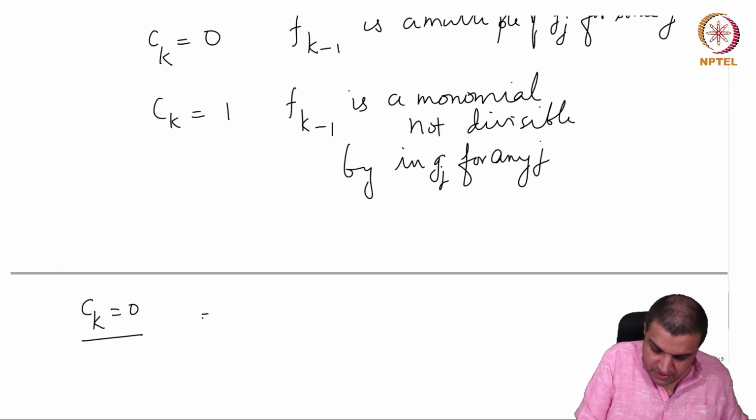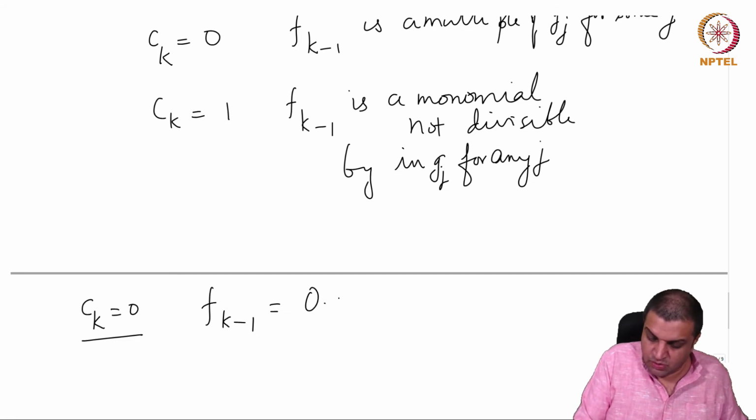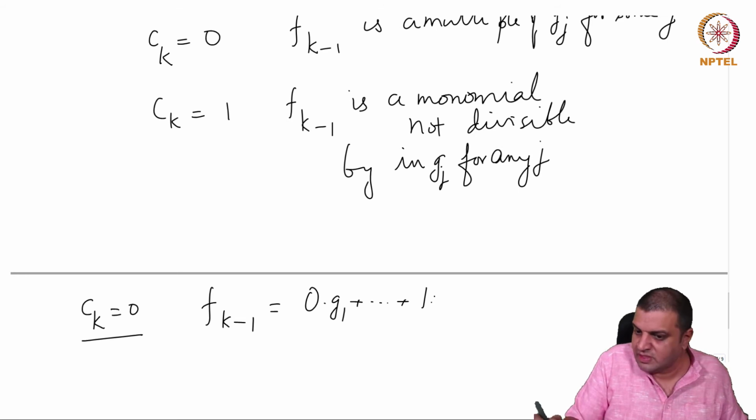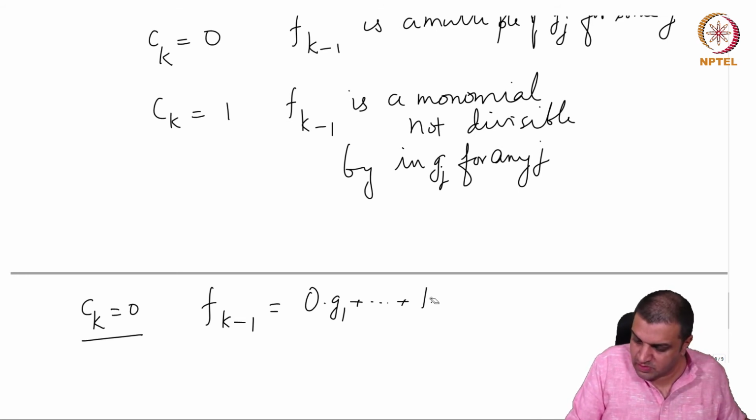So we would write fk minus 1 is some 0 times g1 plus some aj times gj.